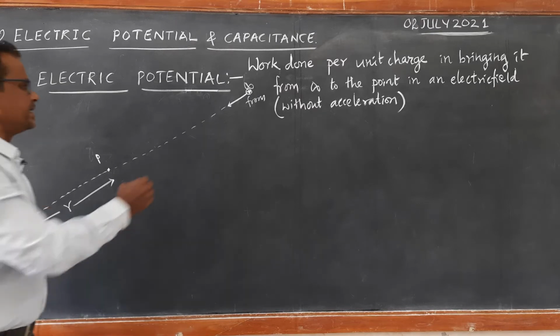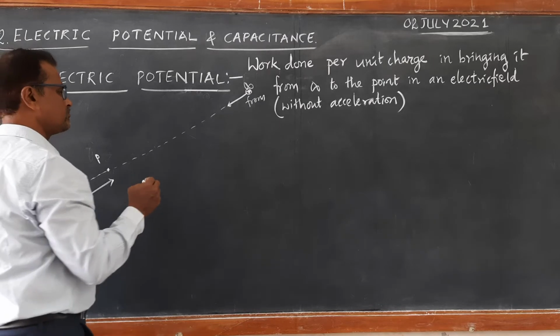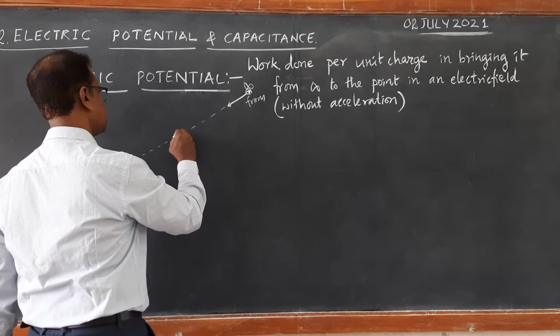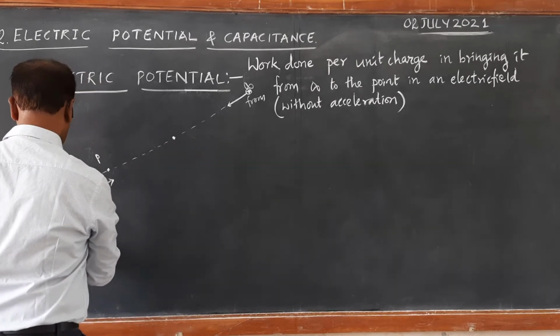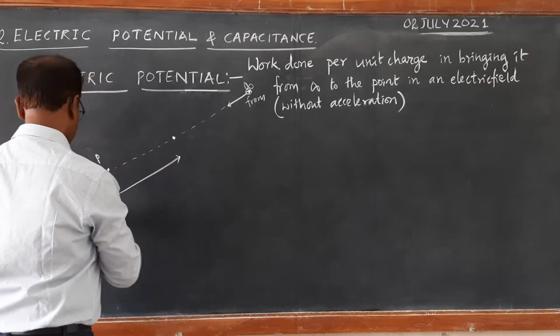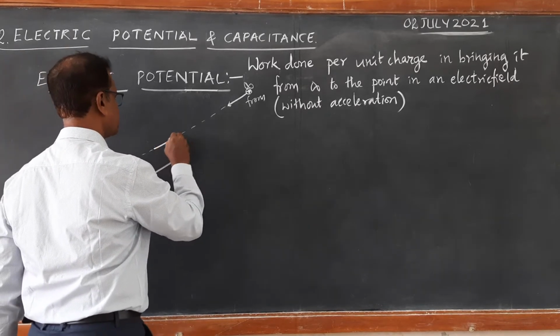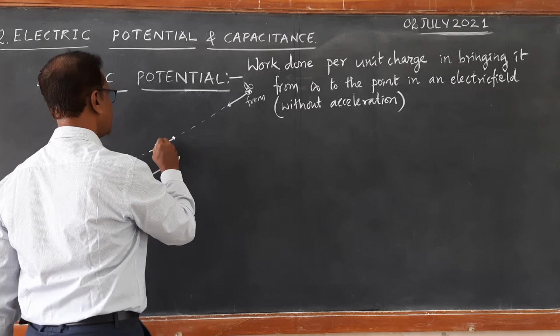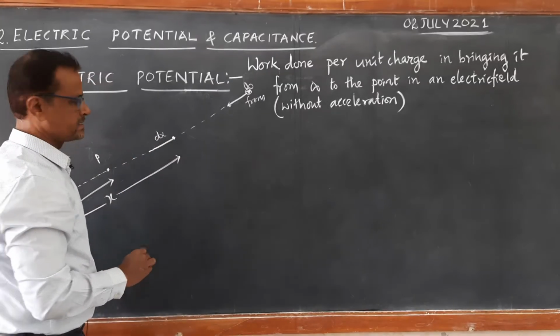Now, while it is brought on this particular path, how much amount of force has to be exerted? Let us consider this is the point at distance x from here, and from here it is moved through a small displacement, let us say dx.